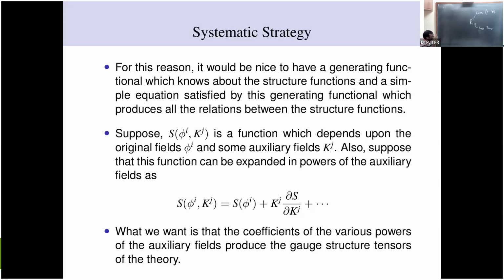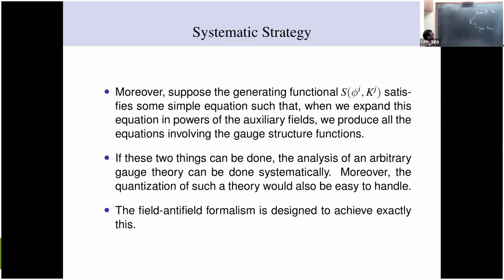Moreover, suppose the generating functional S satisfies a simple equation such that when we expand this equation in powers of the auxiliary fields k, we produce all the equations involving the gauge structure functions. If these two things can be done, then the analysis of an arbitrary gauge theory can be done systematically. Moreover, we will see that the quantization of such theories would also be easy to handle. The Batalin-Vilkovisky formalism, also called the field anti-field formalism, is designed to achieve exactly this.